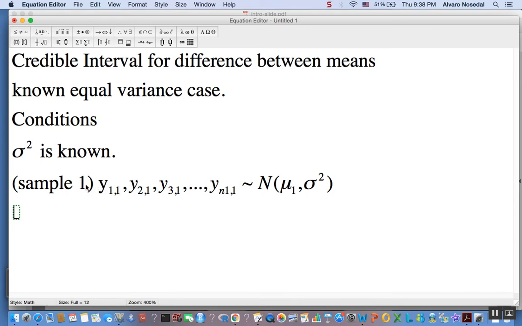This guy is our likelihood. We need a prior, right? So our prior distribution, using our symbols, is a probability distribution for mu1. Well, we are going to be considering a normal with mean m1, that's our prior mean, and prior variance is 1 squared.